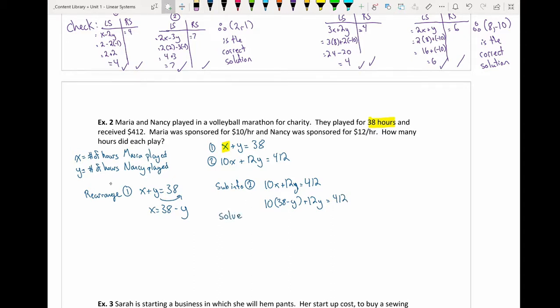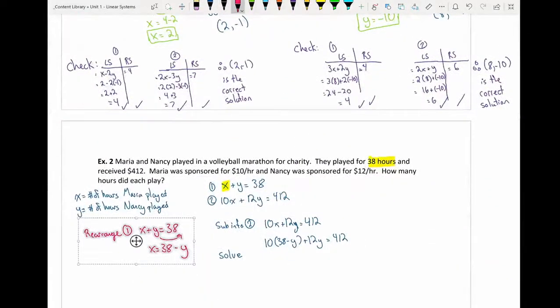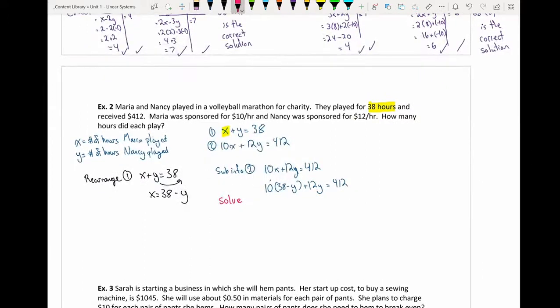Actually, let's go back and keep this color coded. So that was black, blue, and now we're going into solving. So in order to solve, I'm going to distribute this property.